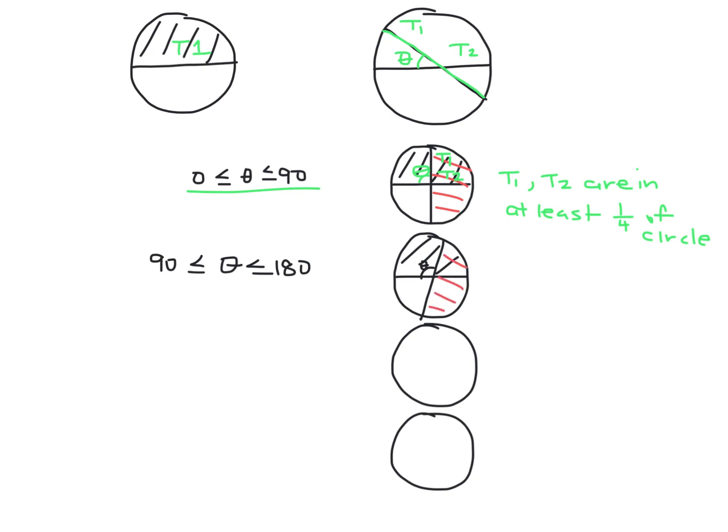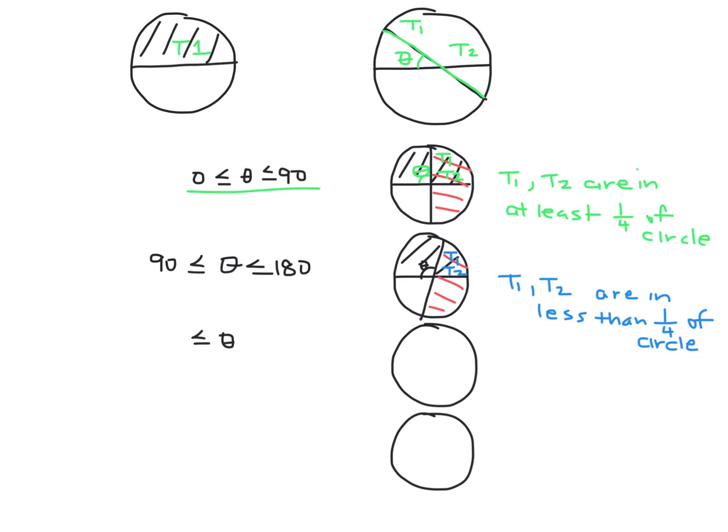So now T1 and T2, say T1 and T2 like that, are now in less than 1/4 of the circle. Got it? So that's no good because we want it to be at least 1/4. Okay, let's keep going here.